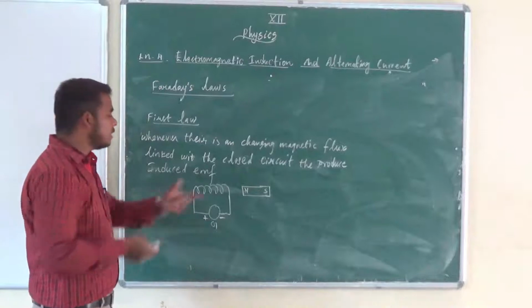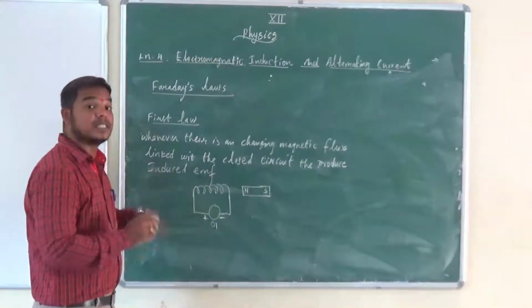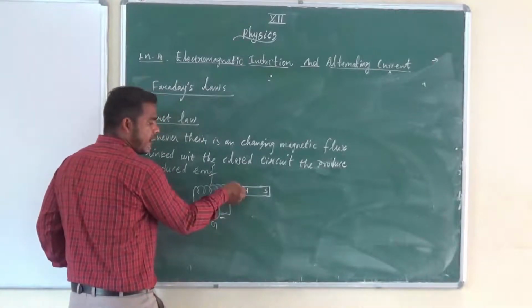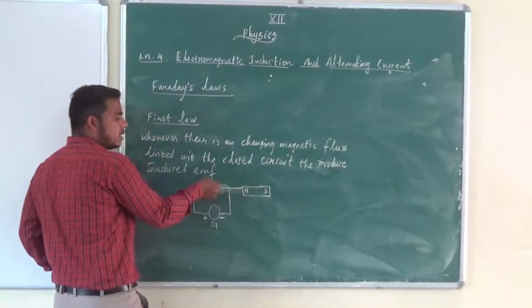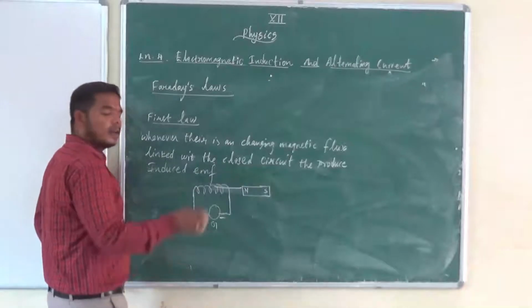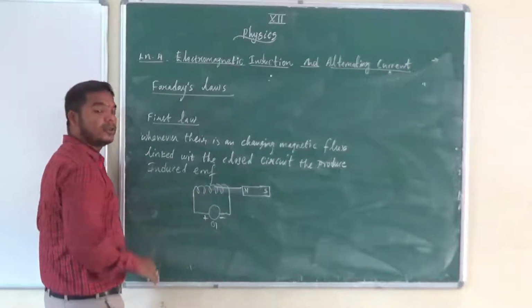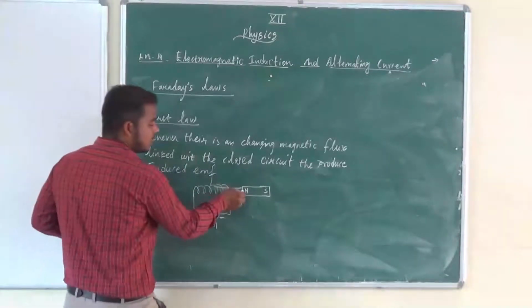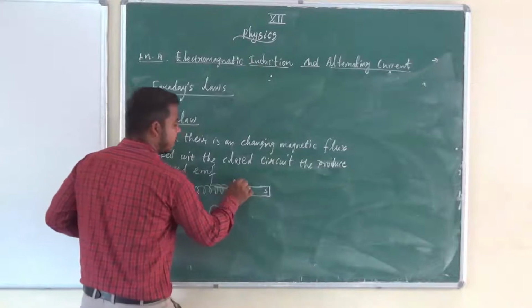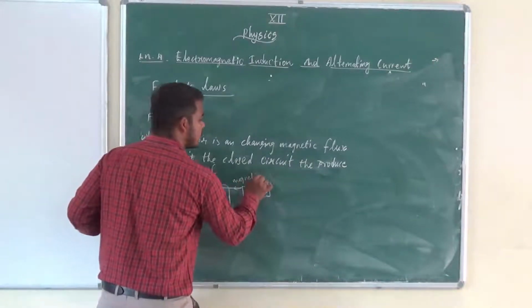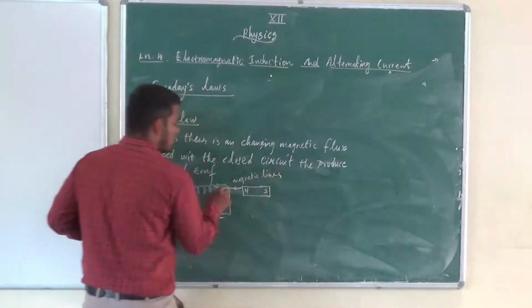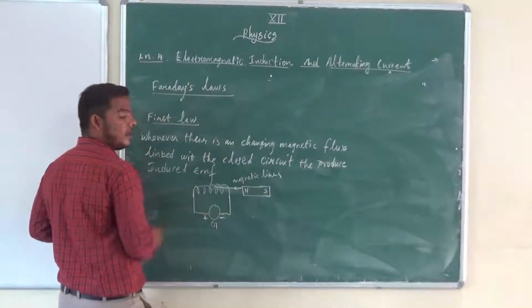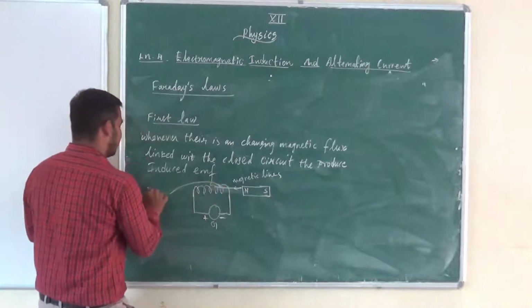The magnetic lines crossing the coil, entering the coil, are converted into magnetic flux.